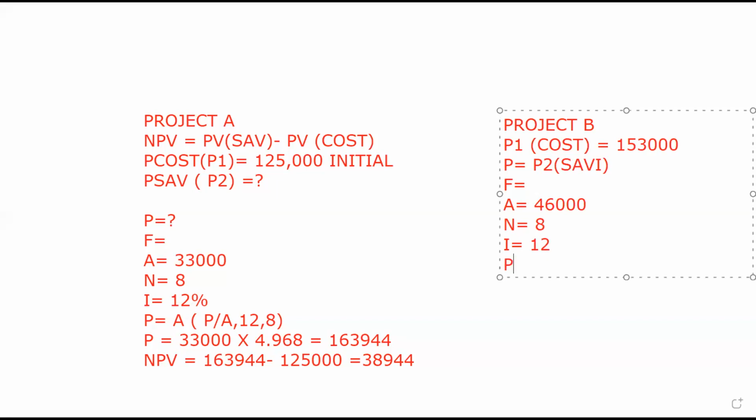Therefore, the P becomes what, please? The A multiplied by the table factor. What's the table factor this time?